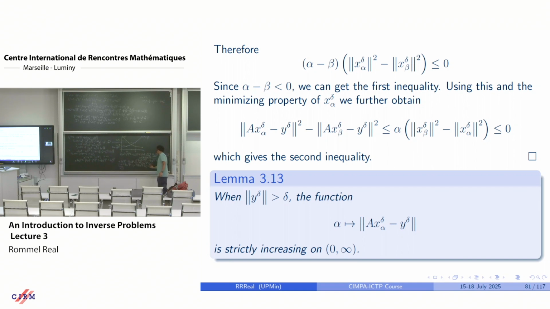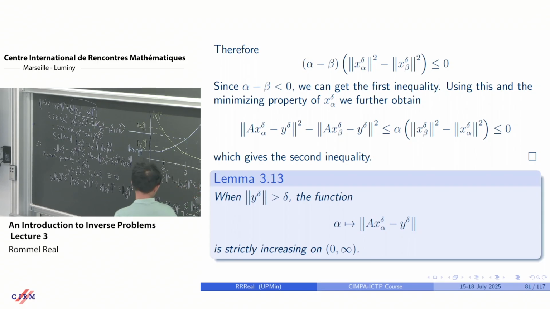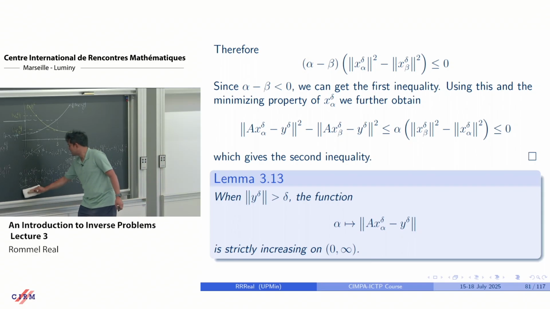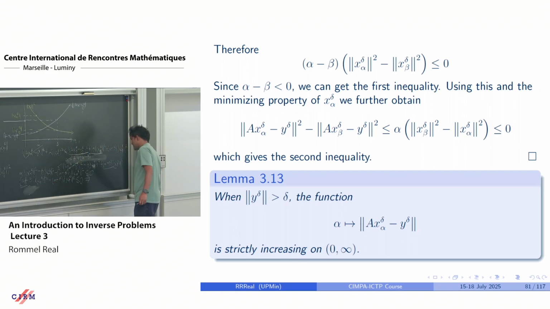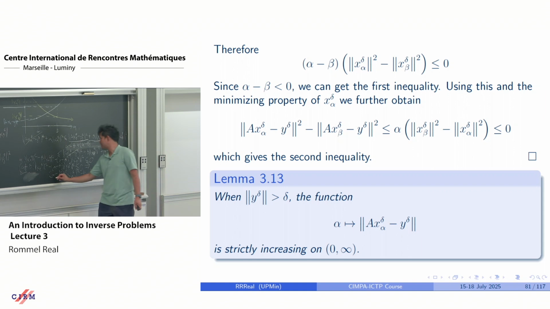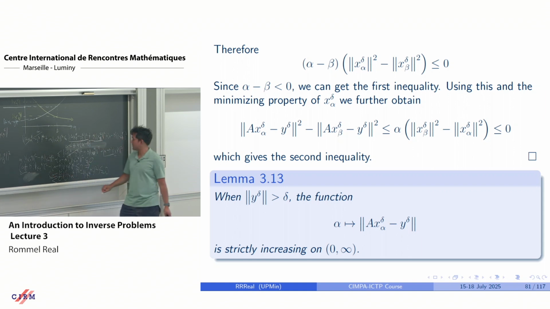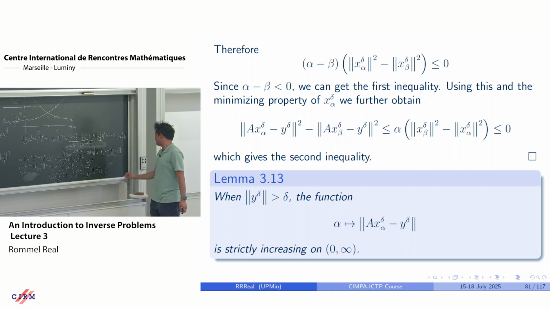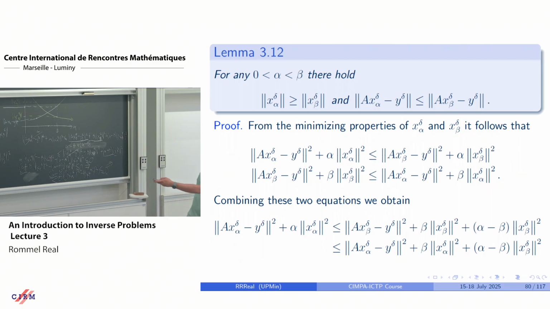Then this must, and then not actually there. So let me write it here. And because this one is negative, that means we get the first inequality that is actually this one.